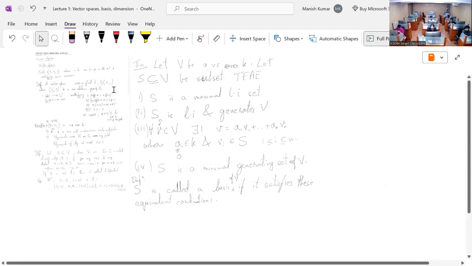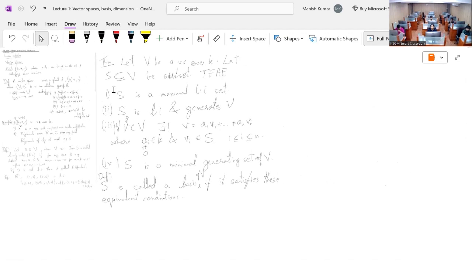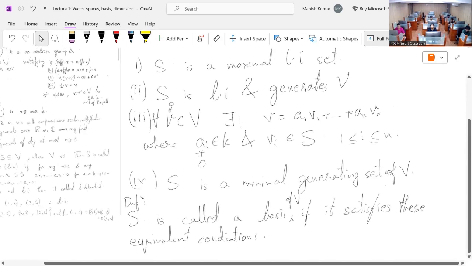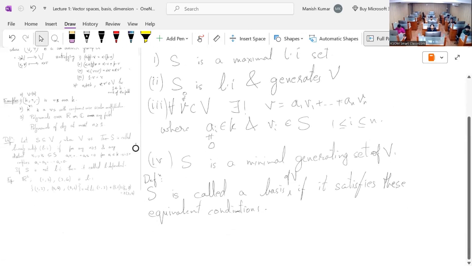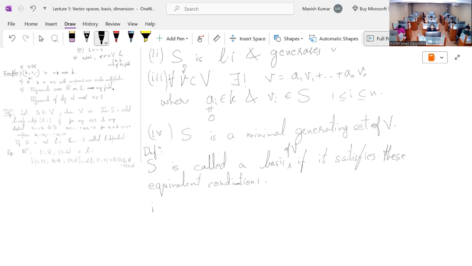So the proof is pretty straightforward. Maybe I'll just sketch out a proof. So one implies two.